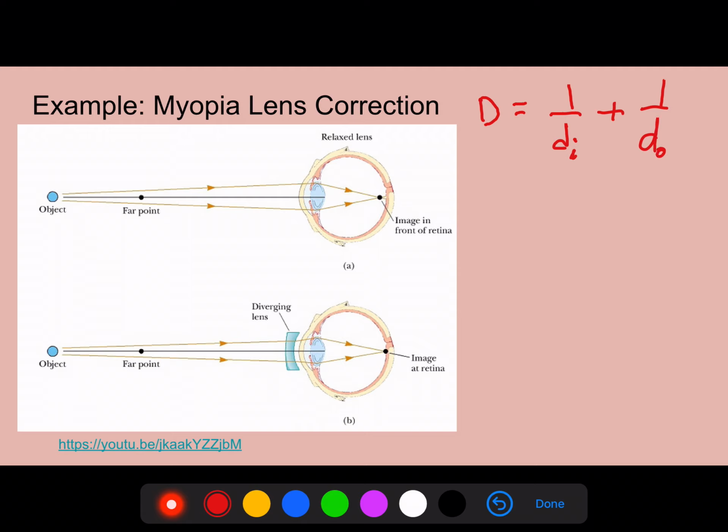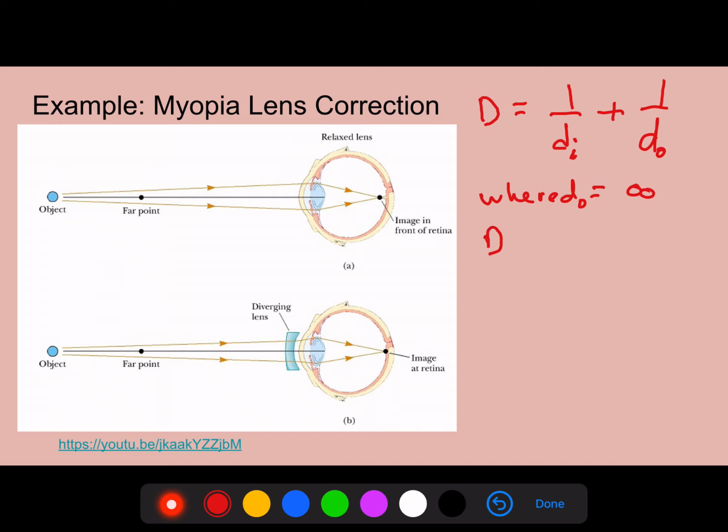What do we mean by the distance to the object? Ideally, if I want to correct the vision appropriately, we want to be able to focus out to infinity, quote unquote. In other words, we want the image distance to be equal to infinity. And 1 over infinity is equal to 0.